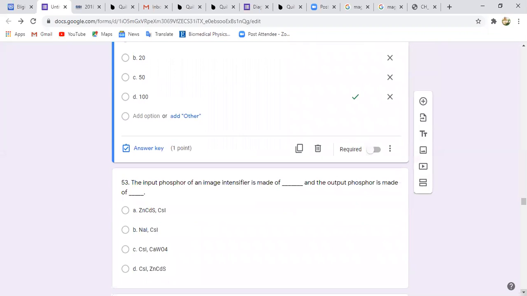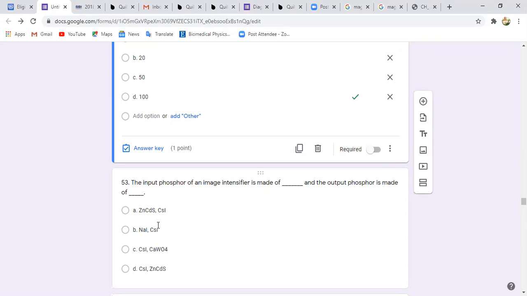The input phosphor of an image intensifier is, most times, cesium iodide, whereas the output is zinc cadmium sulfide, most times doped with another element. So it's D, and not the others.